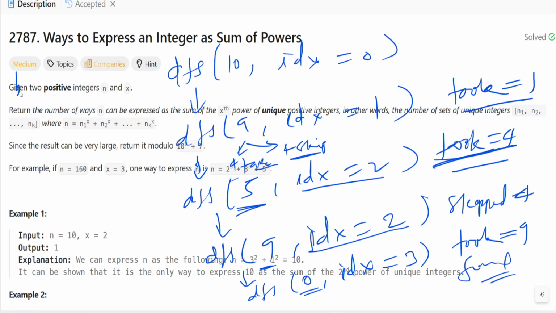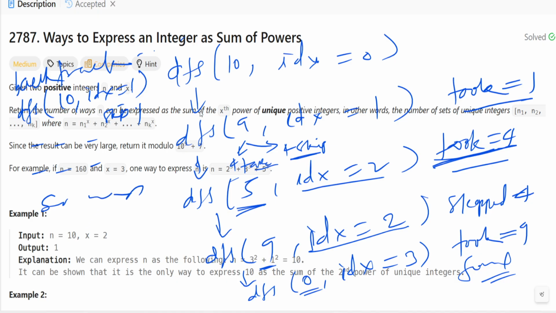Then we'll do the backtrack again. What will we do? The backtrack, right? It's the same thing. We'll apply DFS, we'll do 10, IDX is 1, skip it. Now very first we'll skip it, because initially we have not done. Skip 1. If we skip 1, we'll try the same thing again.